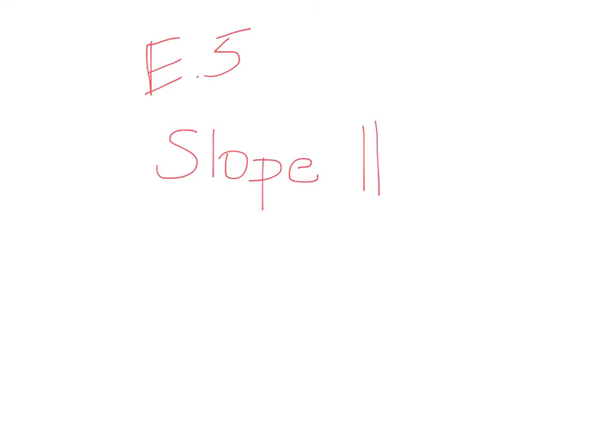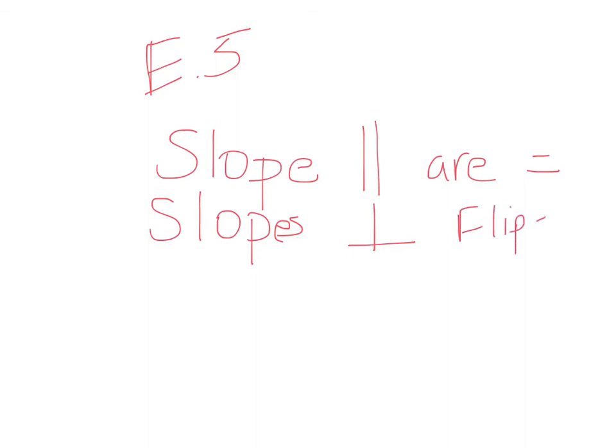Okay, now we are at E5, slopes of parallel and perpendicular lines. Remember that slopes of parallel lines, here's a symbol for parallel lines, are equal, and slopes for perpendicular lines are flipped over with opposite signs.